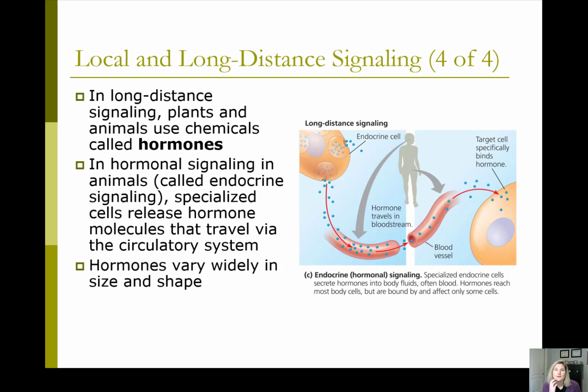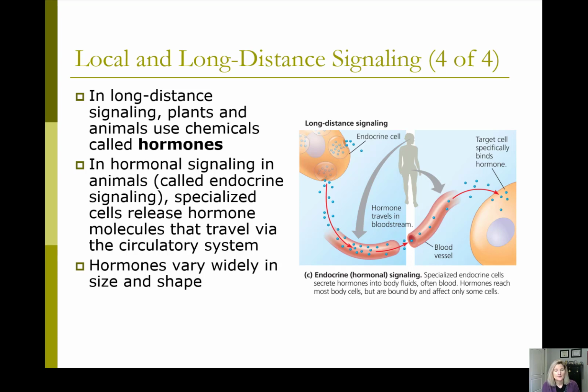And then finally, the video talked about long distance signaling. An example of long distance signaling is our hormones. If you think about, for example, our pituitary gland, that's the gland in the middle of your brain, and it's going to secrete all sorts of different hormones.